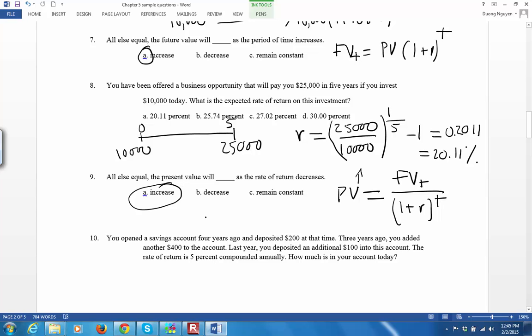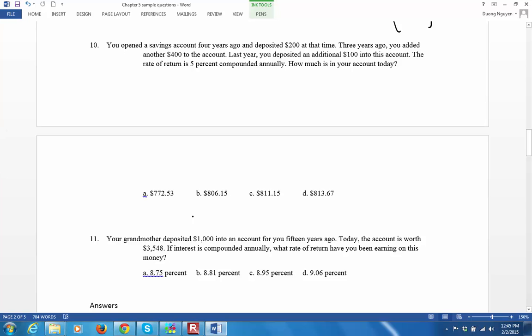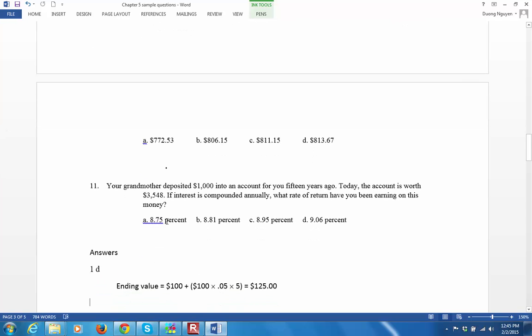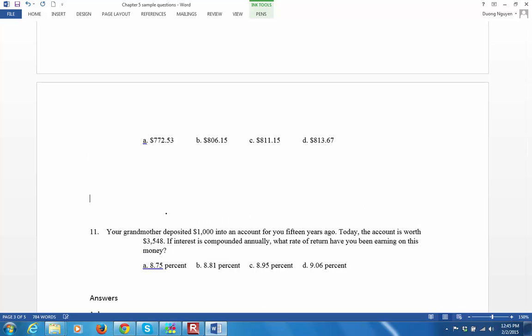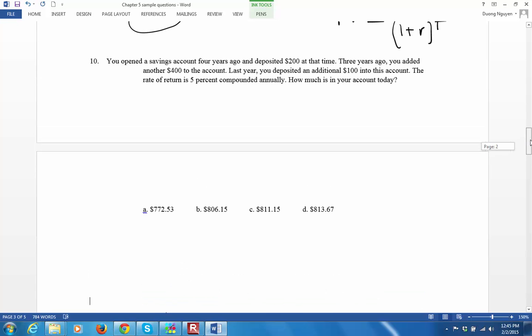Now, number 10. You open a savings account 4 years ago and deposited $200 at that time. Let's take a look at the picture. 4 years ago you deposited $200.